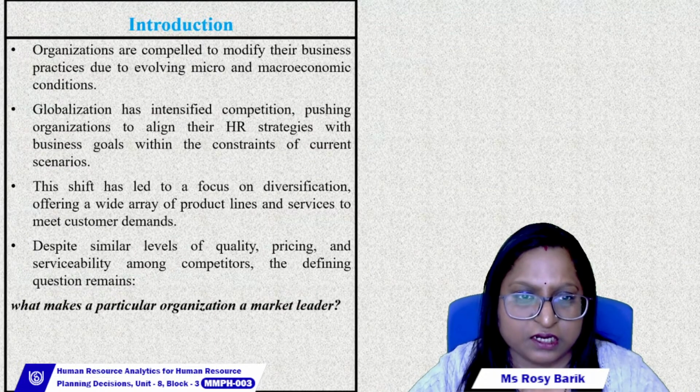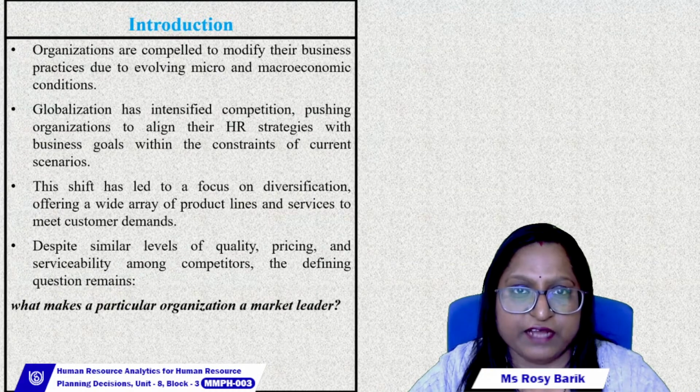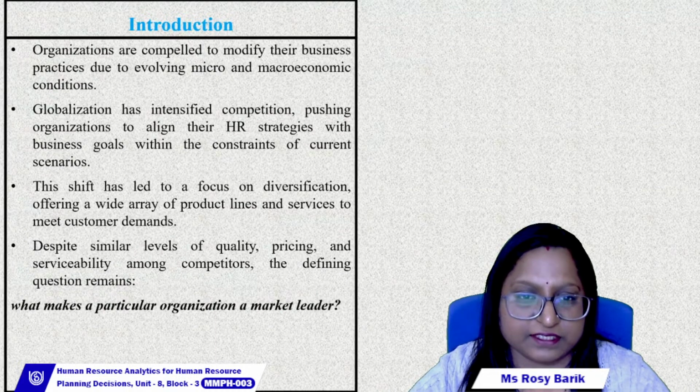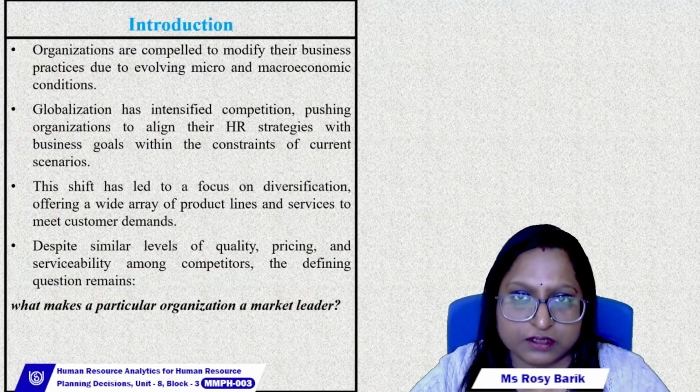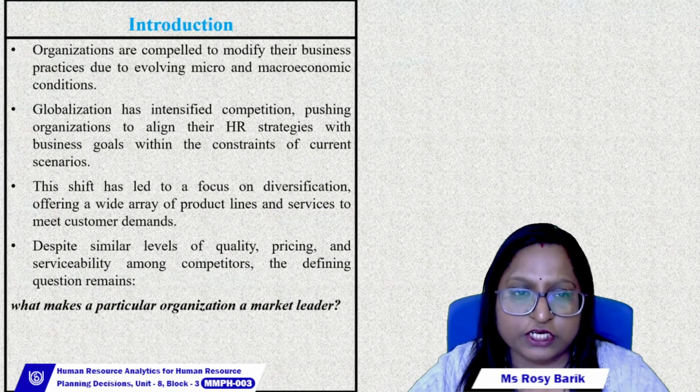Within these constraints of the current scenario, we can find different analytics processes used in various companies. This shift has led to a focus on diversification, offering a wide array of product lines and services to meet customers' demands.